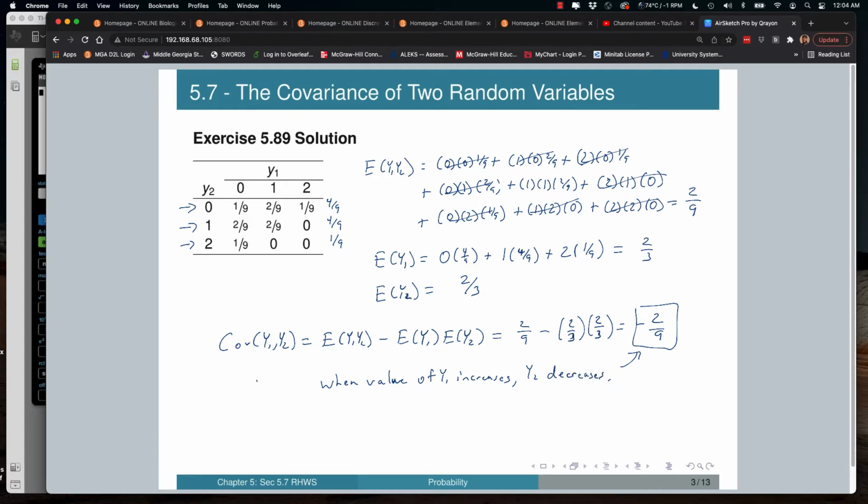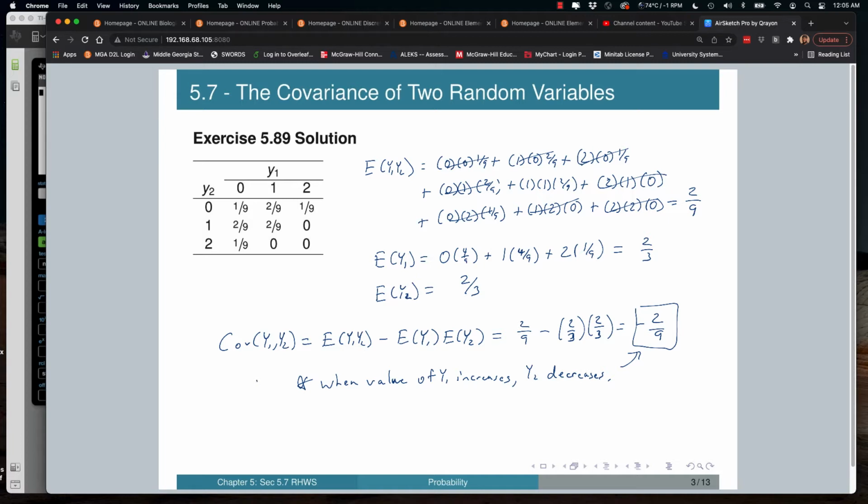And that's the reason why we shouldn't be surprised. It's harder to see that with this table of probabilities. We don't have data at hand so we can see a scatter plot like we did in lecture, where we can see the obvious increase of y sub 1 and y sub 2 decreasing on average.